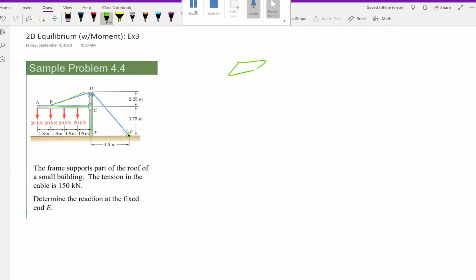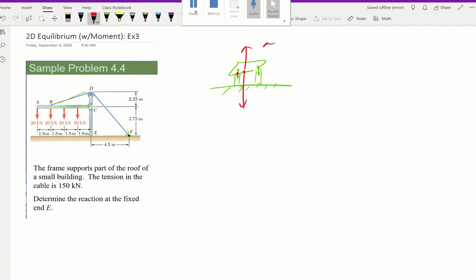Just like if you have a table, and between the tabletop and the leg there may be nails or glue that put them together. However, when you look at this as a whole on the ground, we don't consider that in the FBD. We only have the weight and the normal force acting on it.